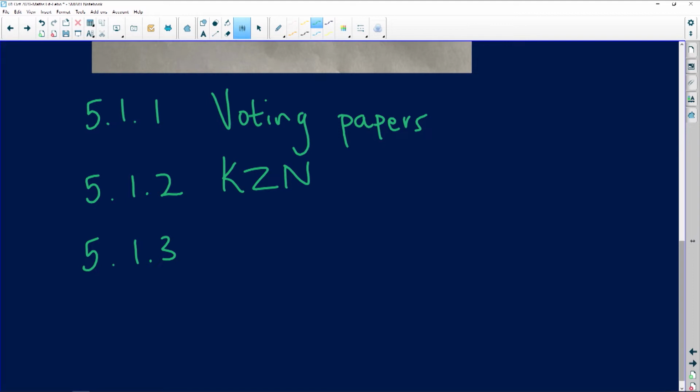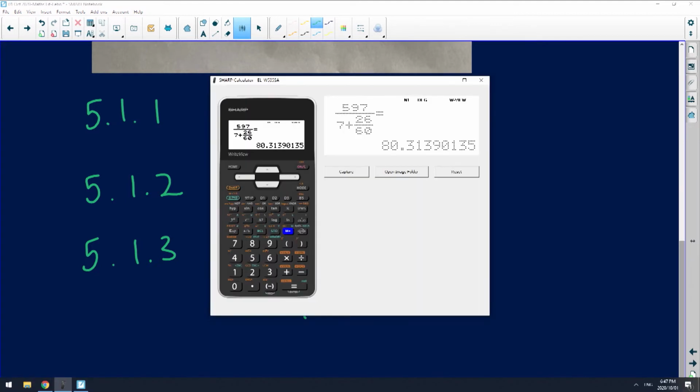Okay, and it's going to be 3 marks. So I need to show my calculation, which is 22,612. And if that was not given, guys, then I was going to have to add it myself. So let's go calculate that. 22,612 divided by 9.